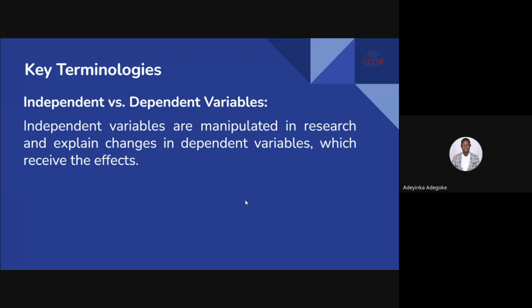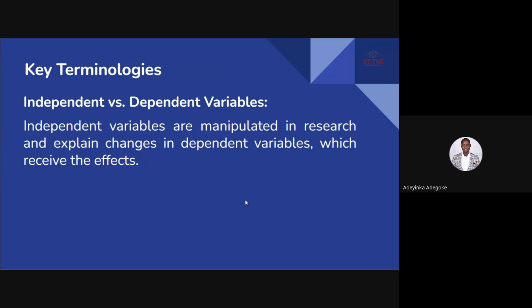So independent variable can also be called explanatory variable, while dependent variable can also be called outcome variable. The one that is doing the manipulation is the age at marriage. We can decide to manipulate age at marriage in a research. Let's see when a particular person is marrying at the age of 20.